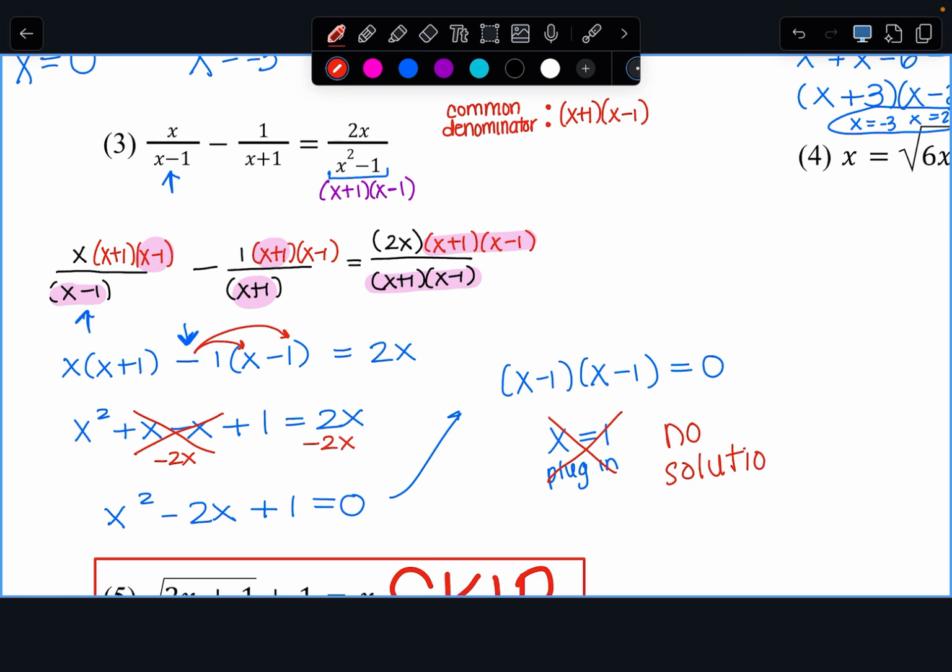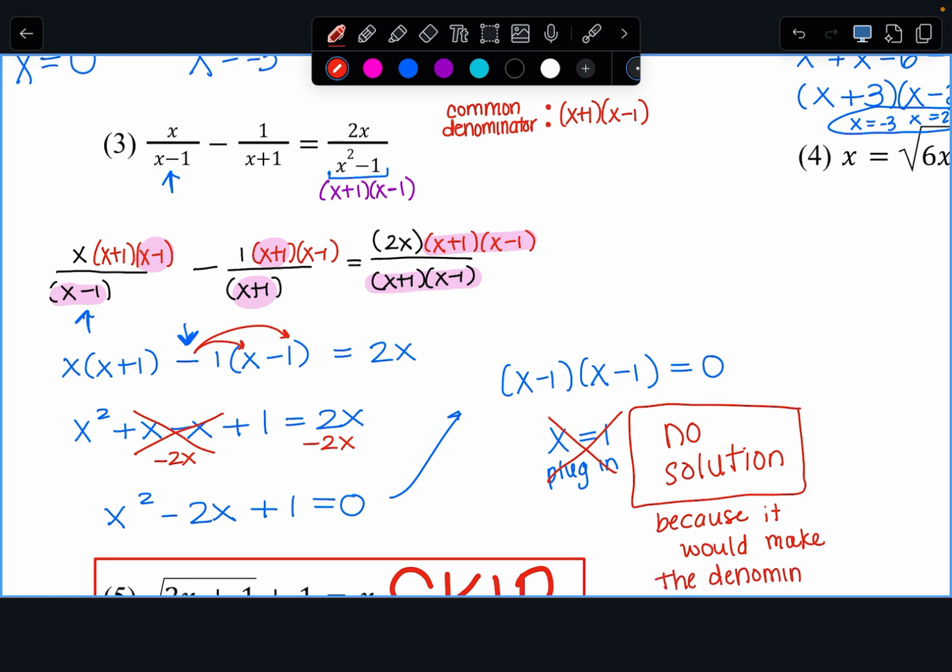Because if it ever makes your denominator 0, you have to get rid of that solution, and that was my only solution. And again, the reasoning is because it would make the denominator 0, which we can't divide by.